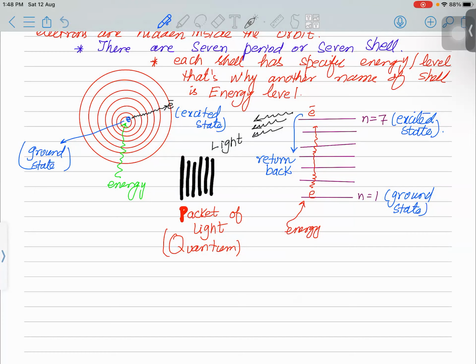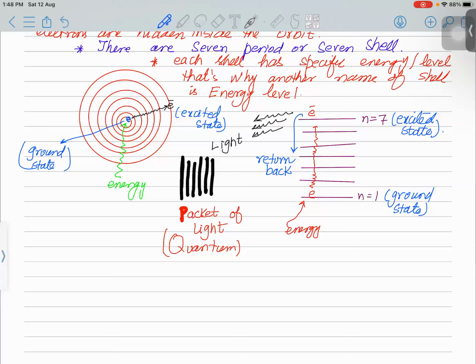Light barcode means you have different fringes, dark fringes or light fringes. It's a kind of pattern, black and white, black and white. Okay, got it. The black and white pattern is called quantum. Quantum is the packet of light.